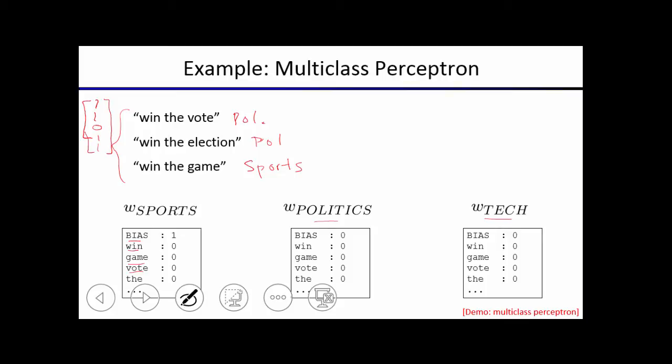So this is this first example right here. And then your second feature vector will be 1 for the bias term, 1 for win, 0 for game, 0 for vote.